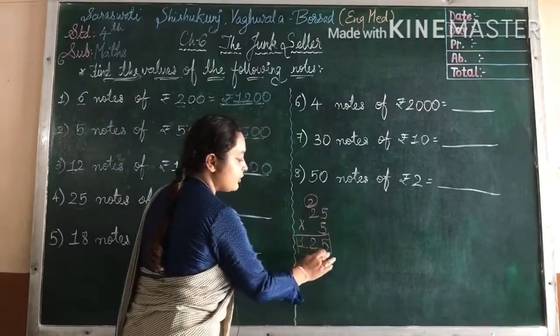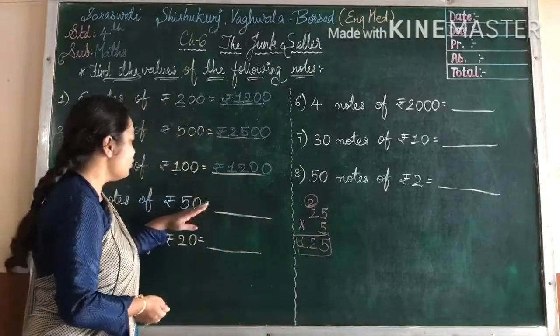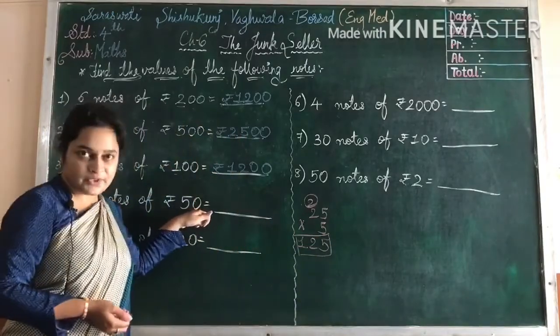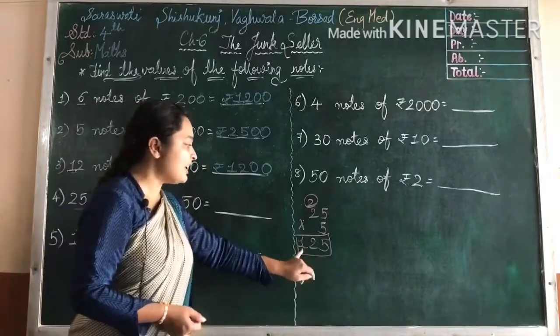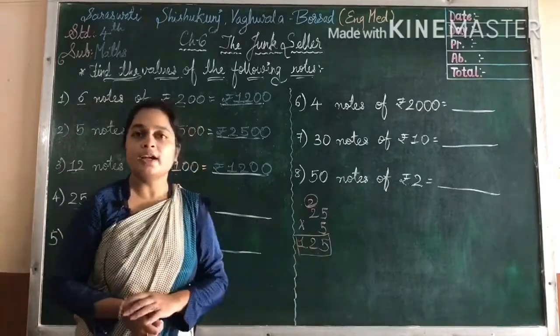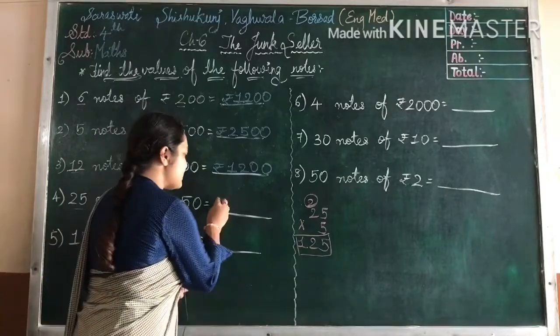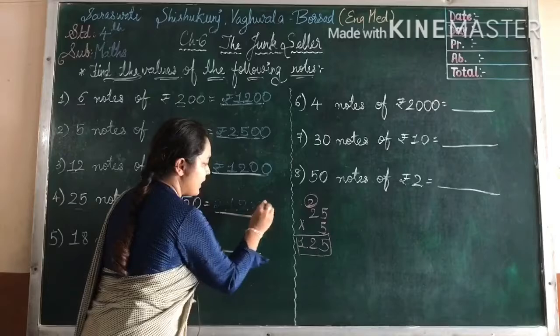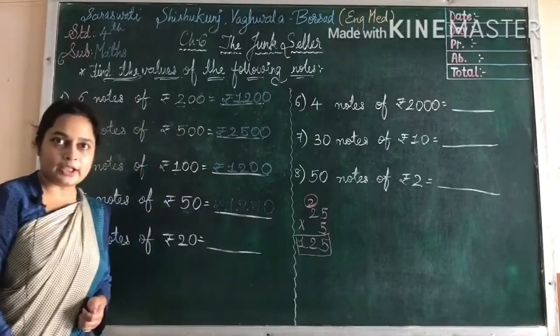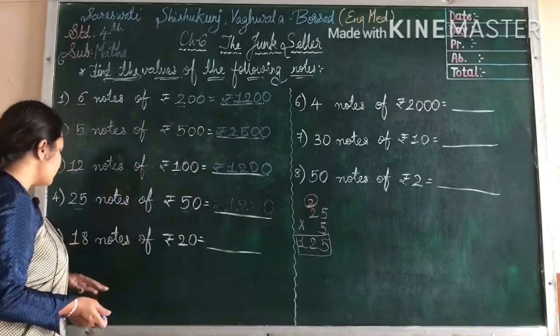You will get 125, but you have to add the 0 of this 50. So you get 1250. Your answer is rupees 1250. Clear?